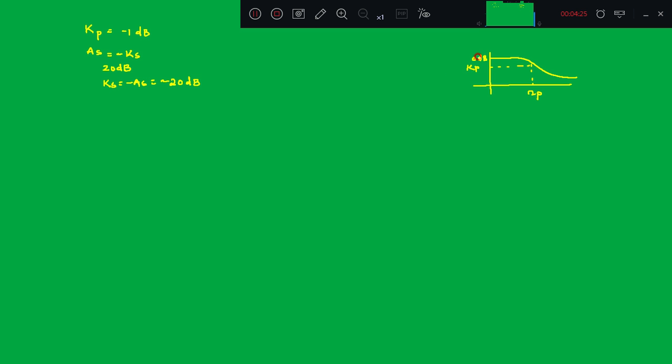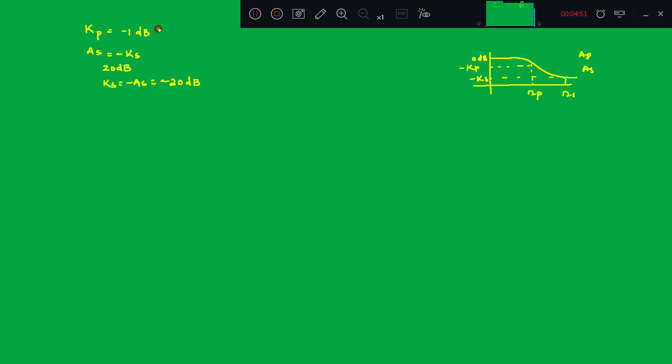Since it is below 0 dB, you will always get a negative gain only. And if you take this one as the stop band frequency omega s, the gain is still lower, given by Ks. Ap and As are nothing but the passband attenuation and stop band attenuation, and they are negatives of the gains.